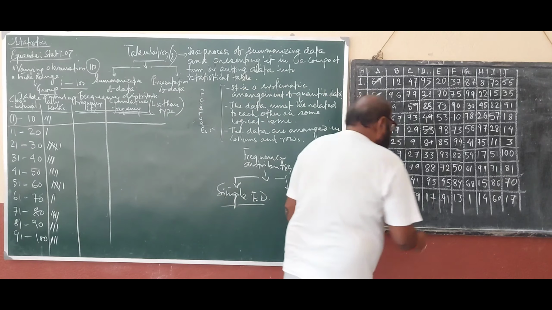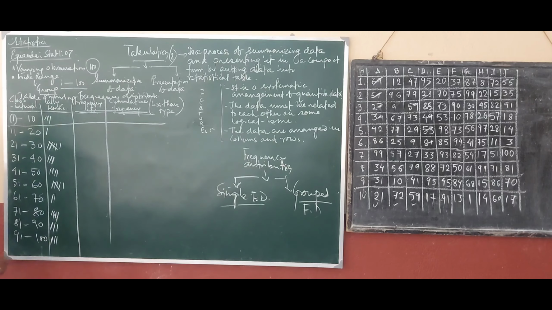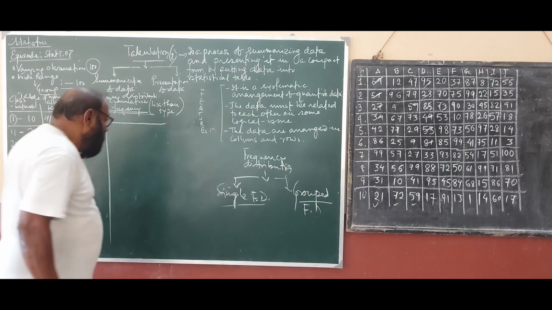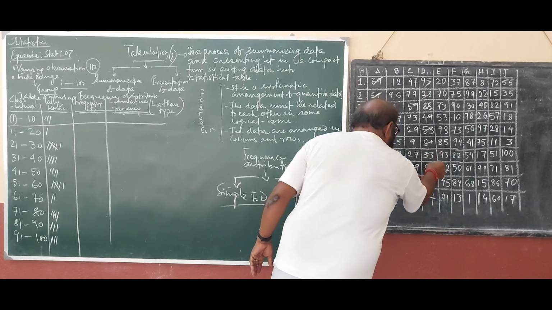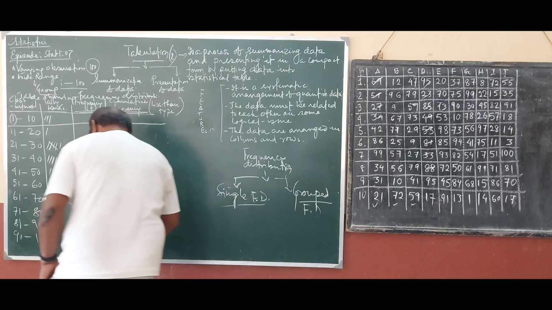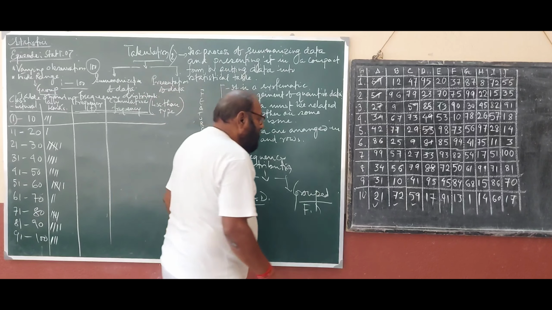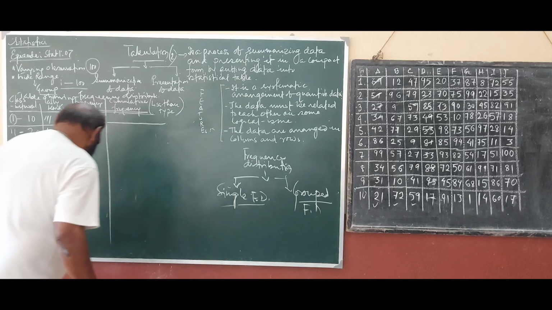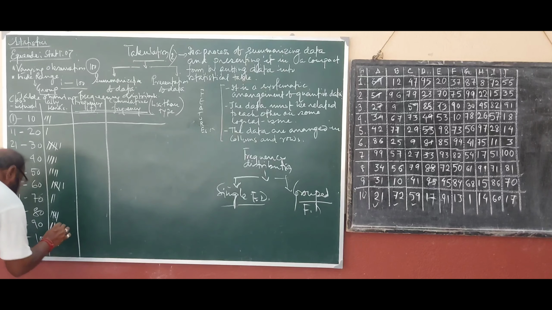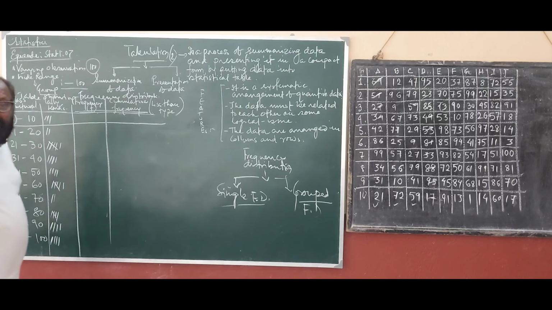Then 33, 88: 33 over here, and 88. Then 95, 17: 95 and here it is 17. Clear?